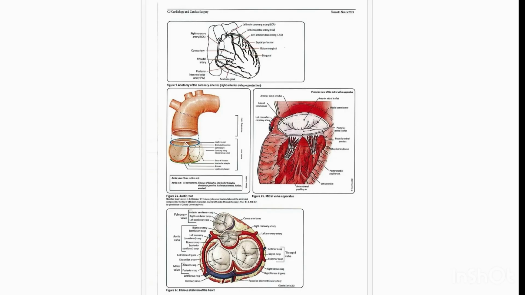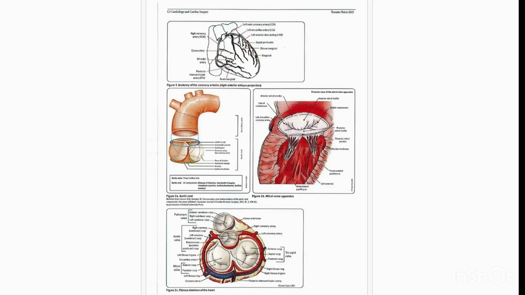Moving over to Figure 2b, we have a posterior view of the mitral valve apparatus. Unlike the tricuspid or aortic valve, the mitral valve is bicuspid, featuring a large anterior mitral leaflet and posterior mitral leaflet, which are bound by the anterior and posterior mitral annuli. Where these leaflets meet, we find the lateral and medial commissures.